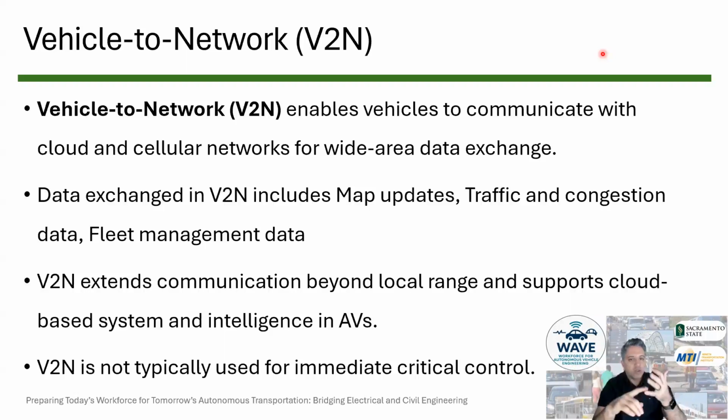V2I, V2P, and V2V, even though they help the vehicle cooperate, are mainly in the local range. But vehicle to network supports a range beyond local, giving information about a wider area.